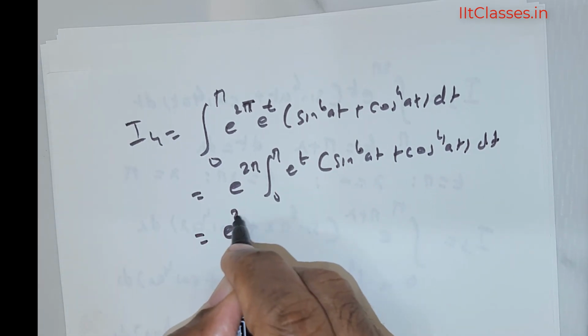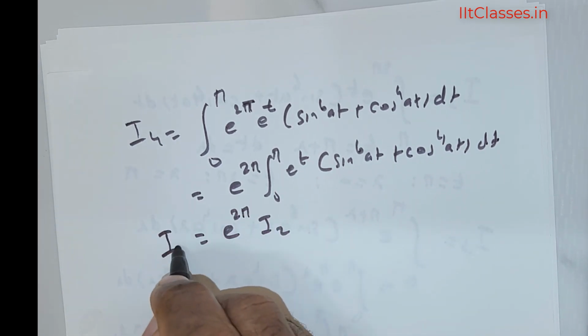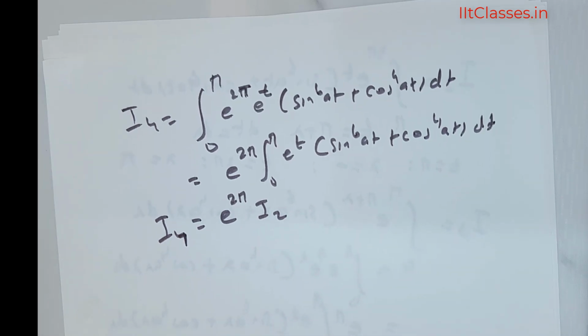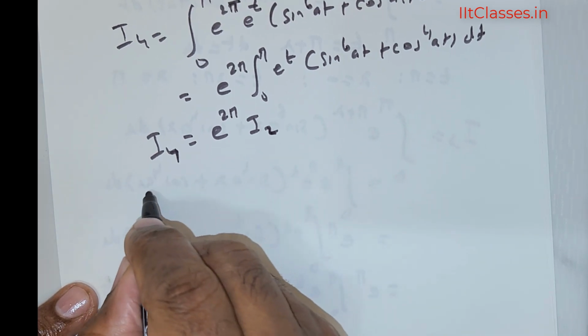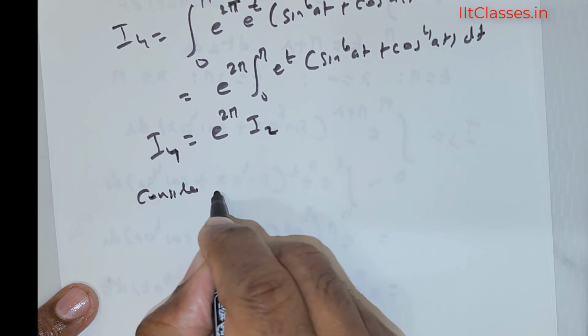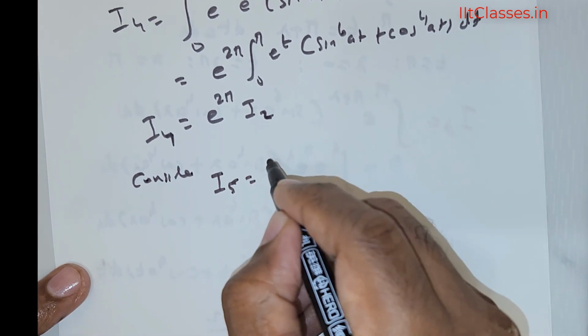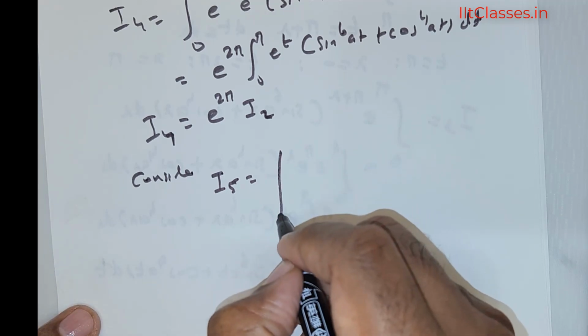This is going to be equal to e raised to the power of 2π times I₂. So you have I₄ equal to I₂ times e raised to the power of 2π.